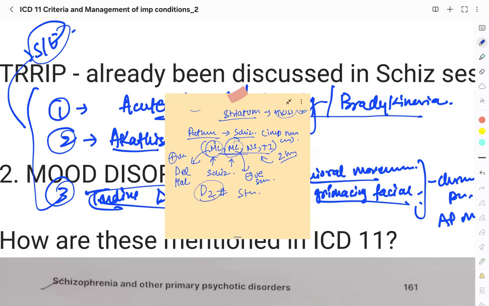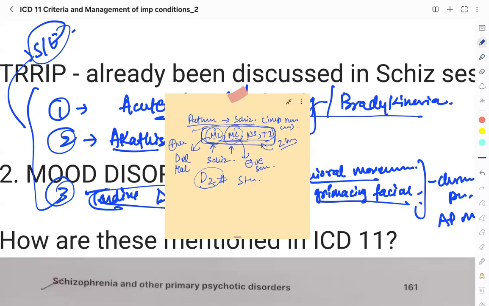D2 receptors are blocked in all of these four pathways: mesolimbic, mesocortical, nigrostriatal, and tuberoinfundibular. Here dopamine is decreased and here dopamine is increased. So let's say mesolimbic, we block the D2 receptors, delusions and hallucinations have improved here.